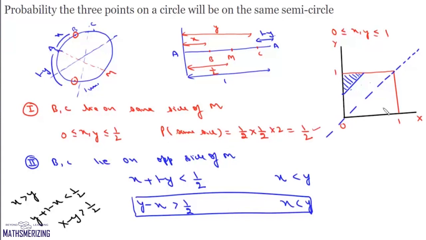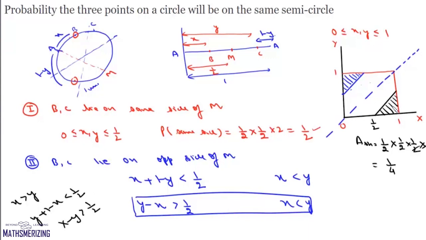Now if we draw this region, it will be this symmetric triangle below the Y equals X line. Now this is 1 by 2. The area of the shaded region will be 1 by 2 into 1 by 2 into 1 by 2, since the length and height are both 1 by 2, and the second area will be the same as the first. So this area will be simply 1 by 4.